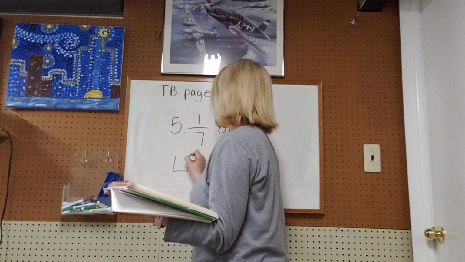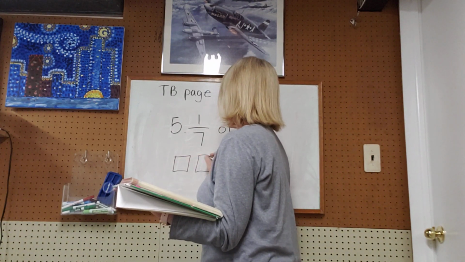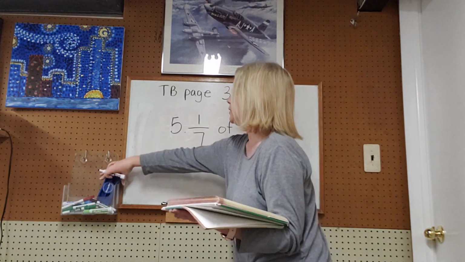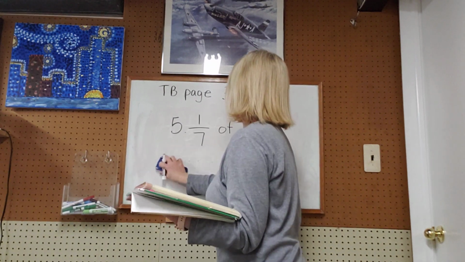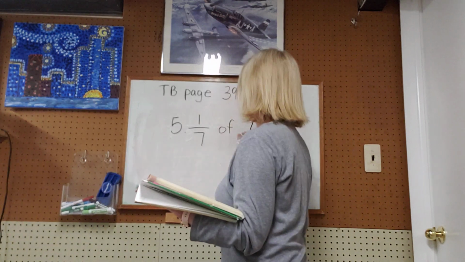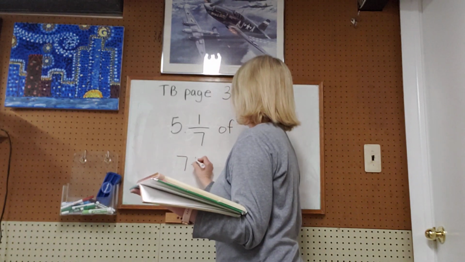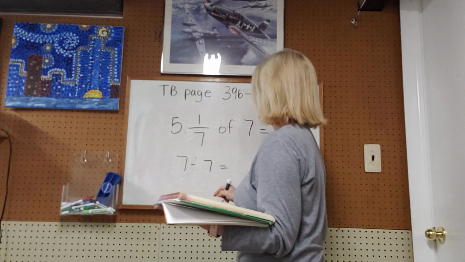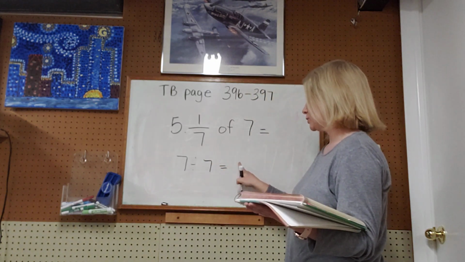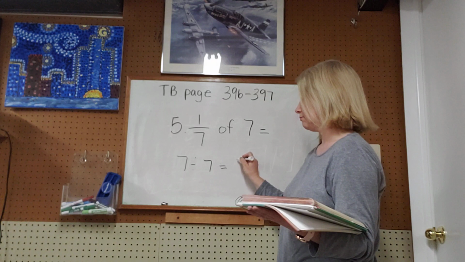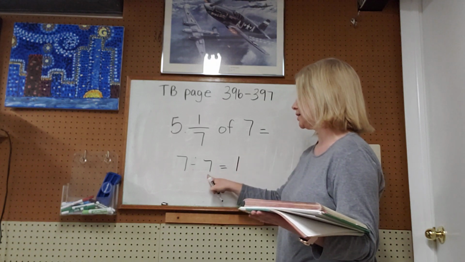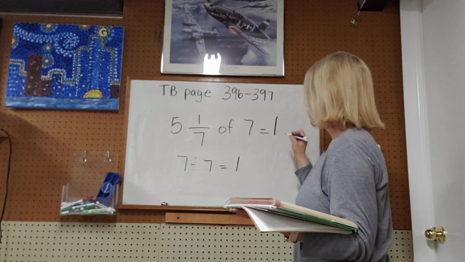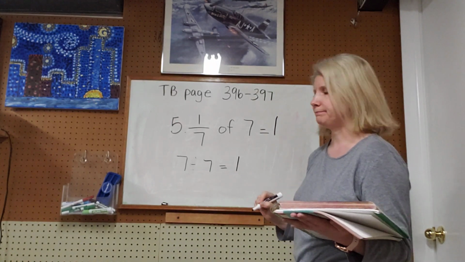Well, you could draw out 7 groups and then draw 1, 2, 3 in them. You could say 7 divided by 7 equals what? Which is 1, because 1 times 7 equals 7. So 1/7 of 7 is 1.